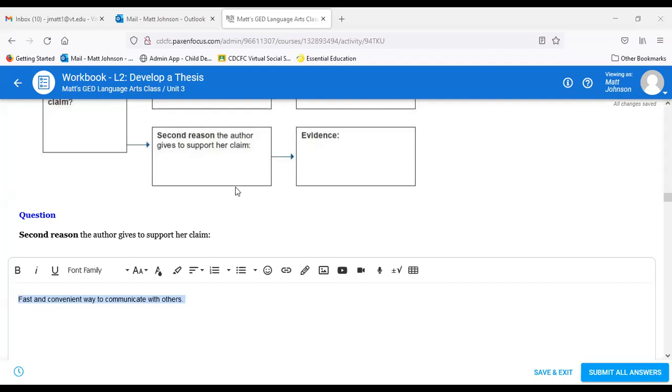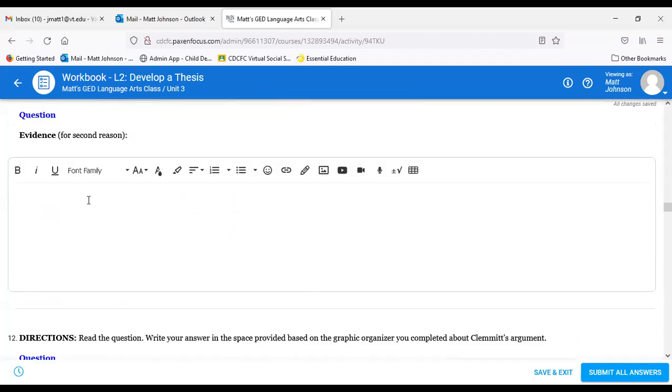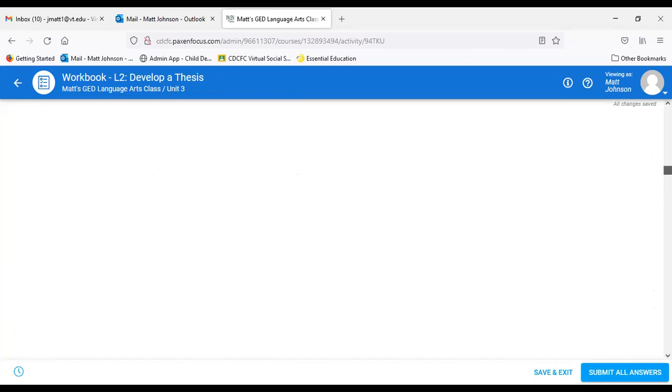So 10, our second reason. 11, we're going to look for evidence. What does she use for evidence? Regular use of free educational internet texting sites to communicate with her students. There you go. So we could put Miss Elsa Turner. I'll go ahead and copy and paste that again.